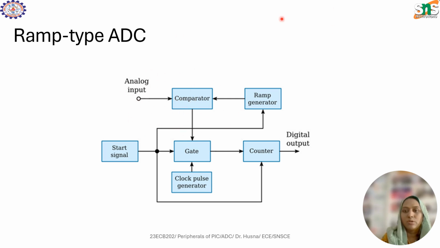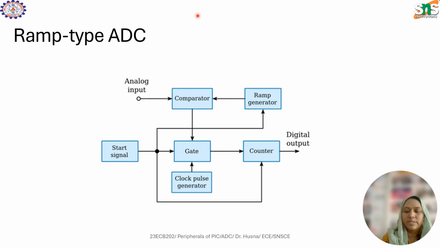So there is an analog input and a linear ramp, which we can see as a sawtooth voltage generated by the ramp generator. The generator output is initiated each time a start signal is applied. The start signal is also reset to 0 when it enables the gate circuit.